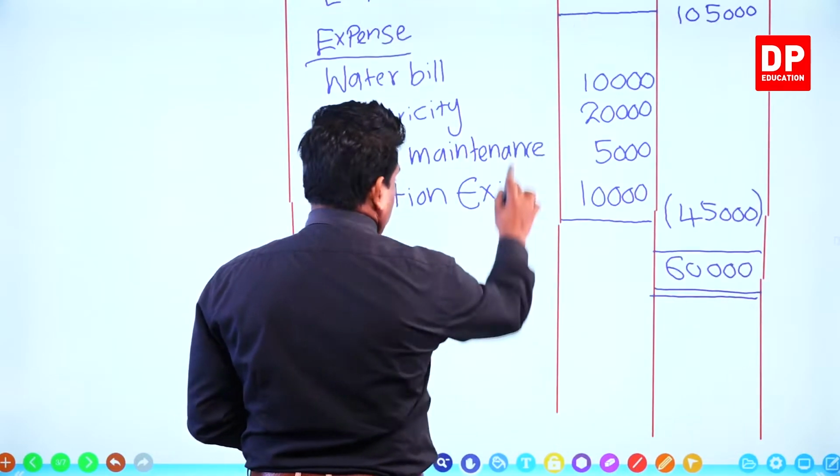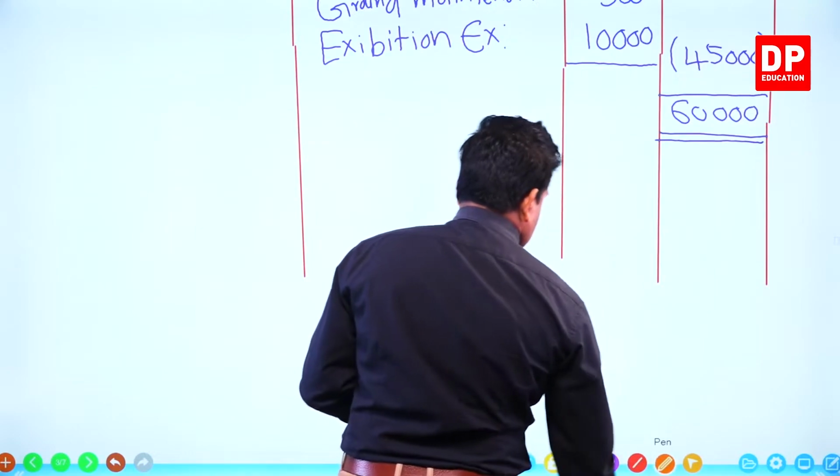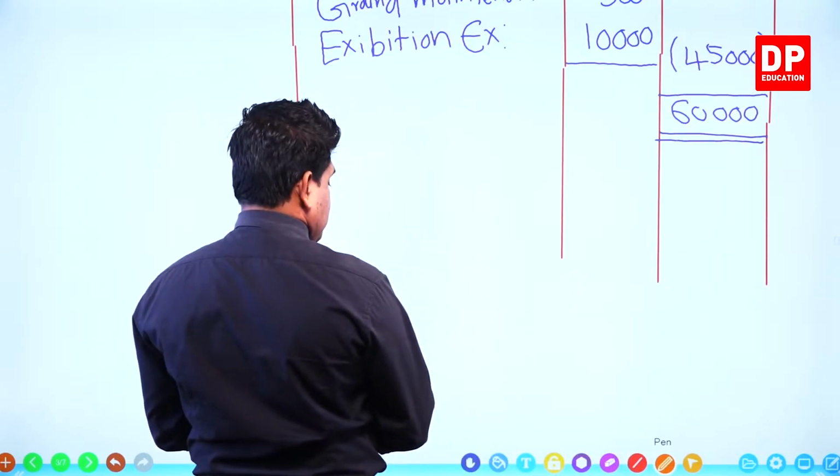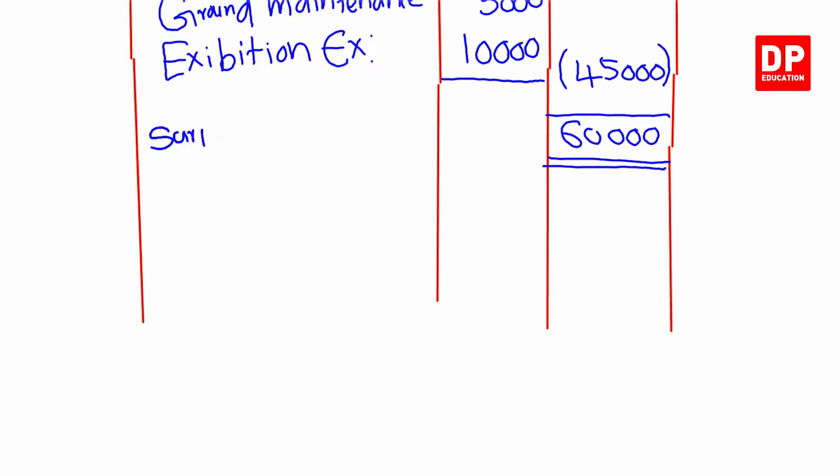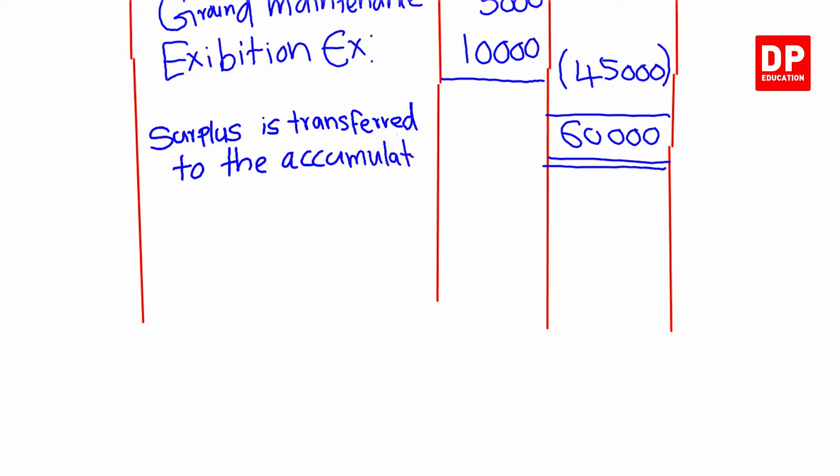In front of the 60,000, you know the words we have to write here. Same word, what? Surplus is transferred to the accumulated fund. Right.